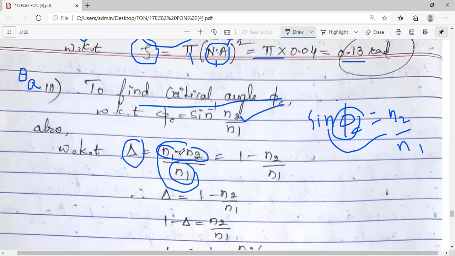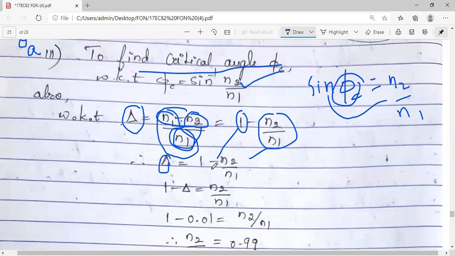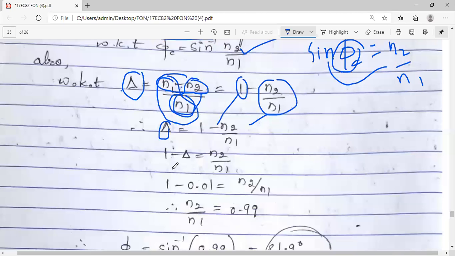If you just take this n1 by n1, it becomes 1 minus n2 by n1. So I've split the denominator, or delta is equal to 1 minus n2 by n1. Take this 1 to this side, or delta to this side. 1 minus delta will become n2 by n1, or 1 minus 0.01, because delta is already given in the question, 1%, 0.01.